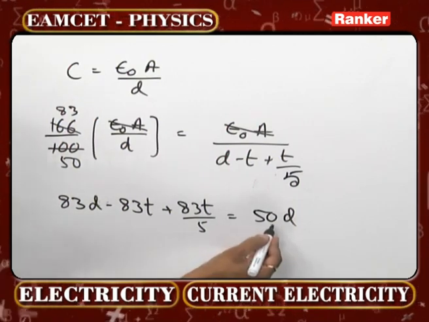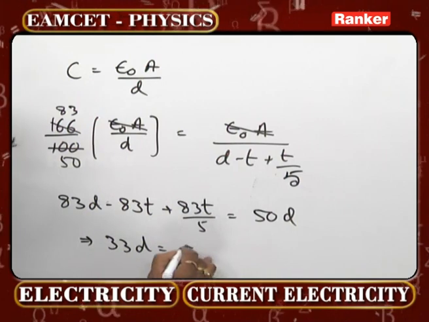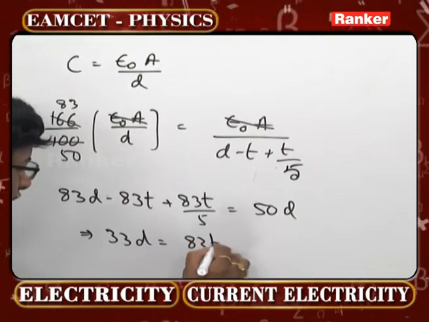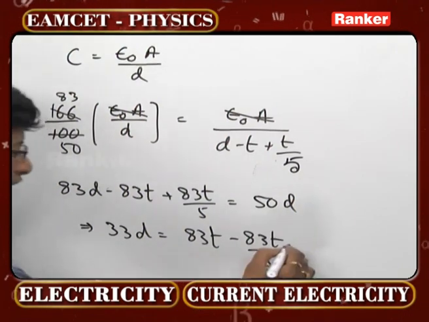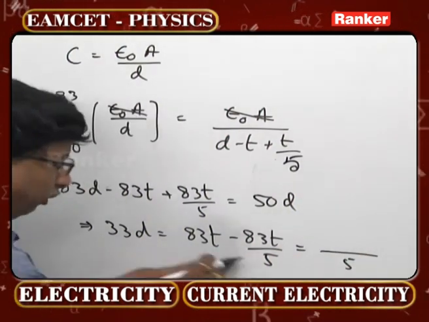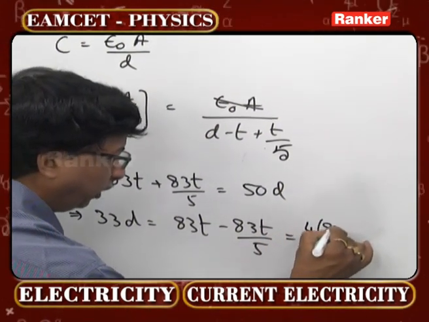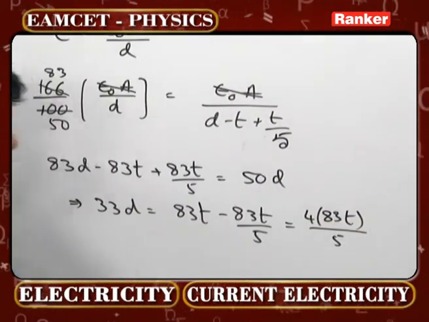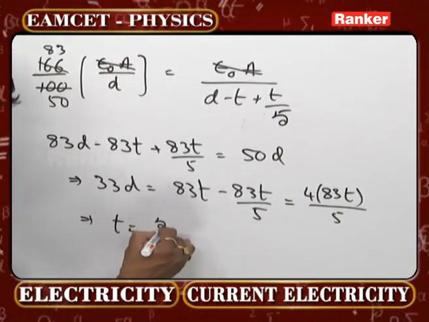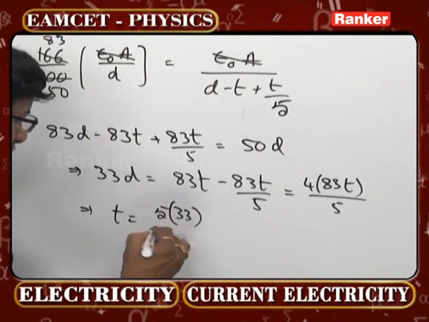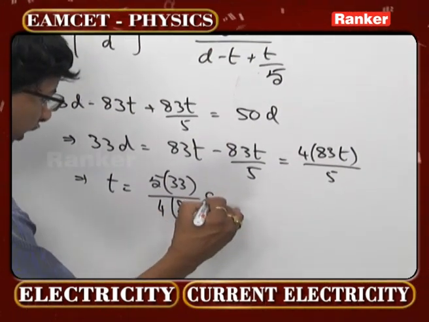Now you can directly get this one over here. It now becomes 33D is equal to 83T minus 83T by 5. If I take LCM here, 5 times 83 times T minus 83 times T, that is 4 times 83 times T. That is the concept. So what is the value of T, the question? So 5 times 33 by 4 times 83 into D value.